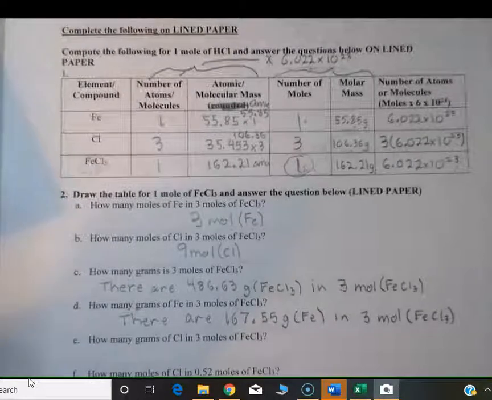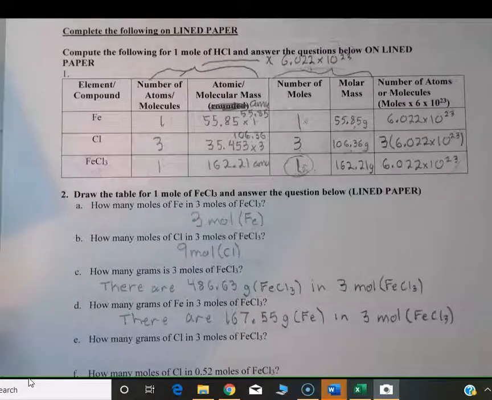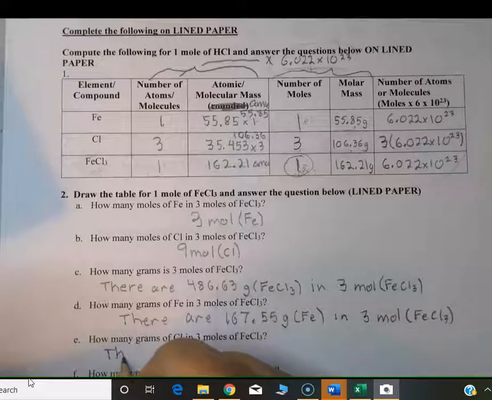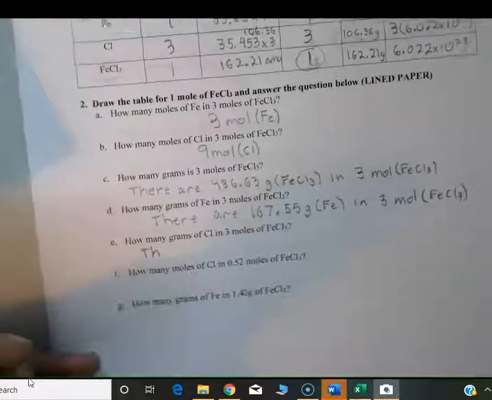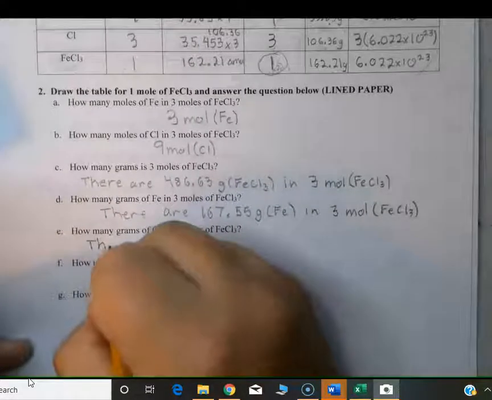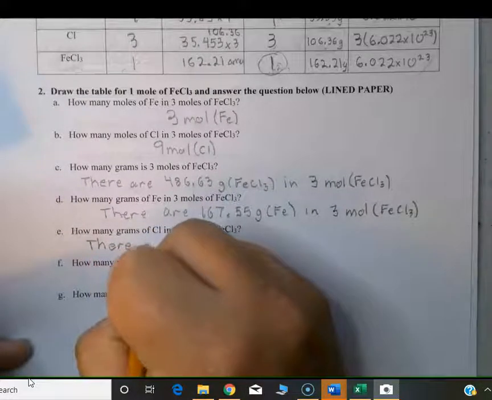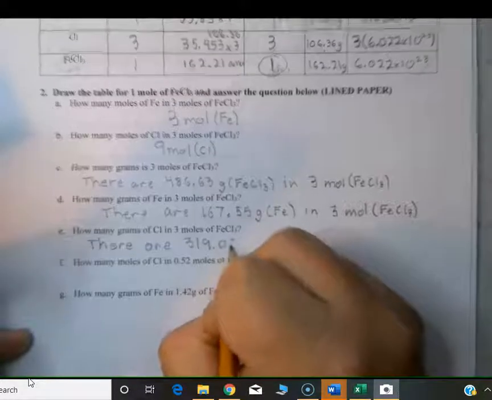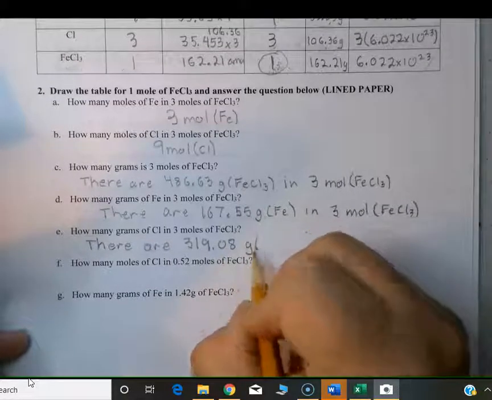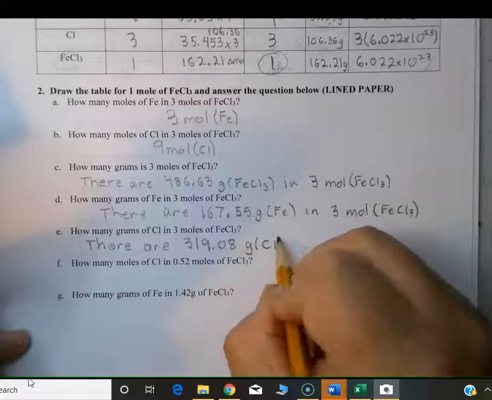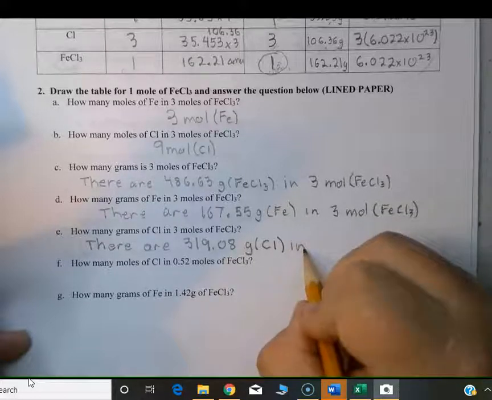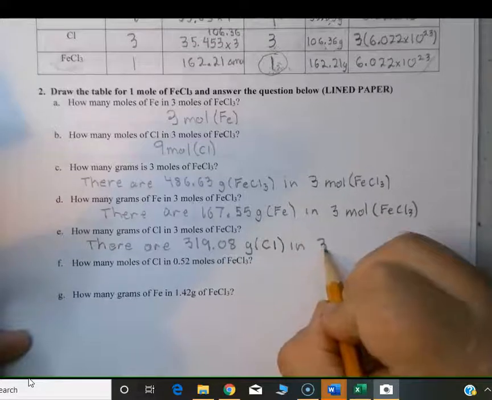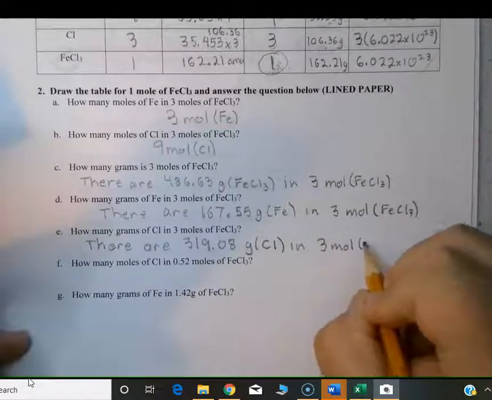So 3 times 106.36 gives us 319.08. So there are 319.08 grams, unit of measure, chlorine, substance that you're talking about, in 3 moles of FeCl3.